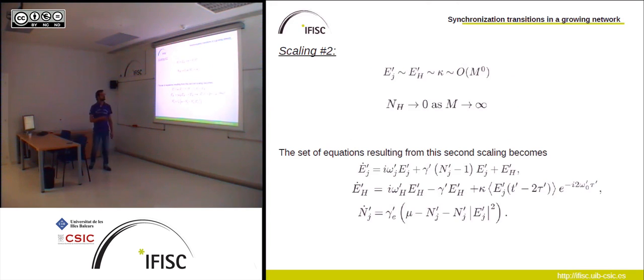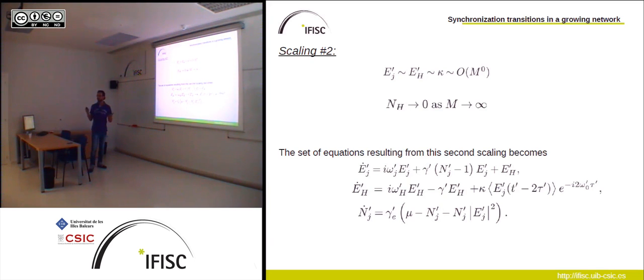In the other case, this assumption that the electric field of the hub and the star lasers is of order m0 with a certain scaling leads to carrier number equal to 0, or going to 0 for m large enough, which means basically that the hub laser becomes transparent.